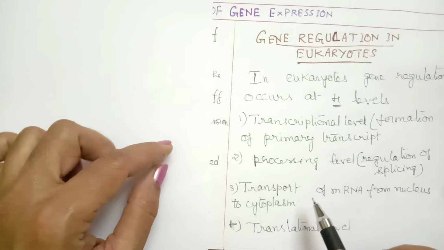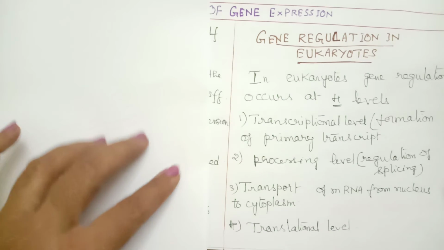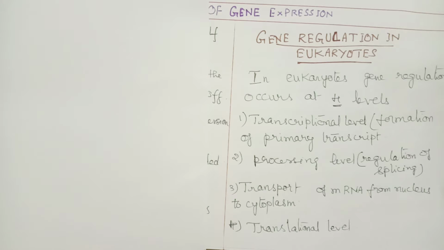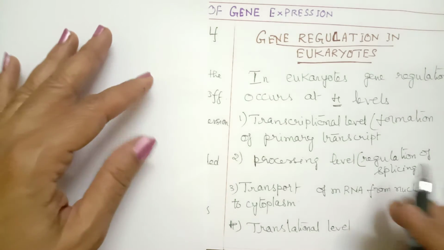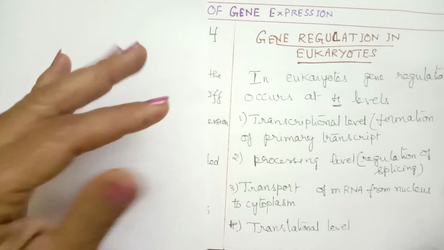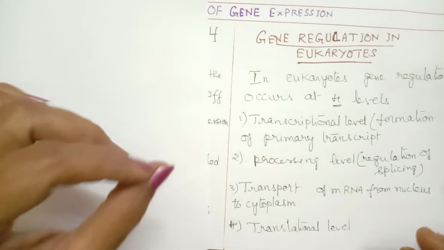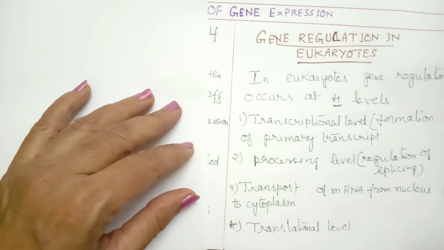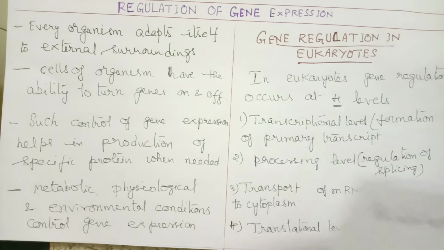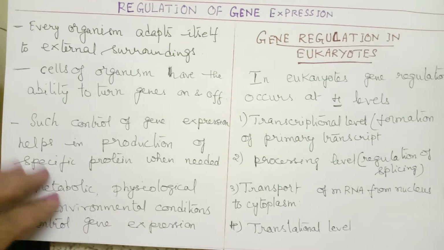Through nuclear pores, the transport must take place. Then there is a control at the translation level also. At the cap there is a control and there is a tail formed. There are UTRs, untranslated regions, which help in efficient translation. If there is any change at this stage, then translation cannot take place. So at these different levels, it is regulated in eukaryotes.